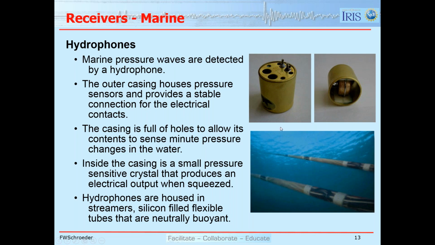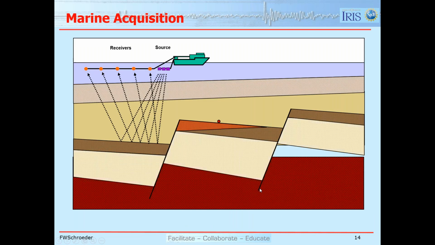We put these devices inside tubes called streamers. We fill them with fluids, and they're close to being neutrally buoyant. So these silicon-filled flexible tubes trail behind the acquisition boat, and these days those cables are on the order of 5, 6, 7 kilometers in length.